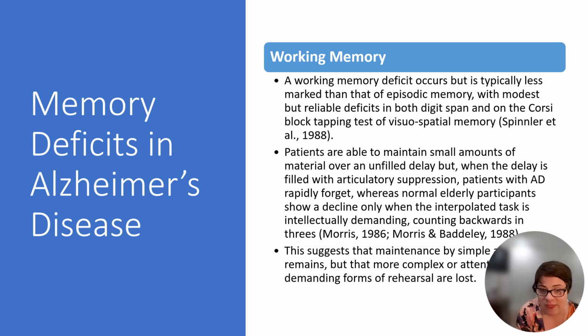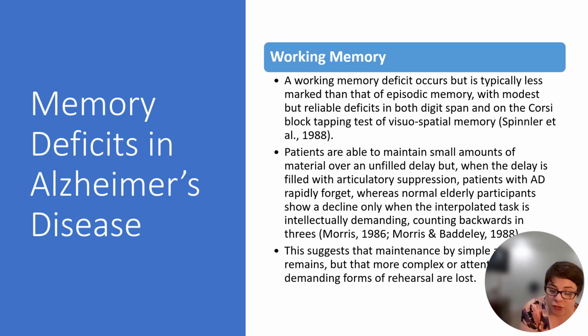But when the delay is filled with an articulatory suppression task, where the patients have to say the same word over and over again, and therefore can't rehearse the information in their verbal working memory or phonological loop, they rapidly forget.